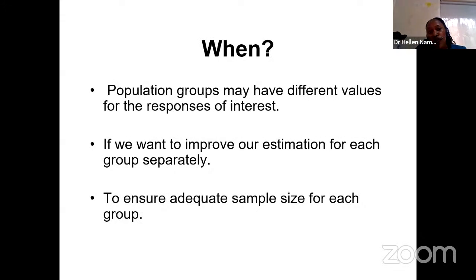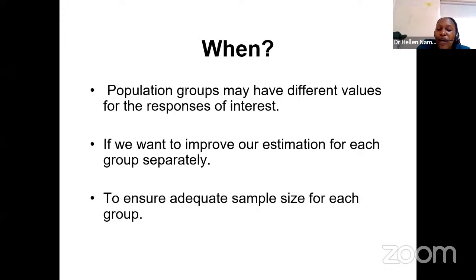So when should we apply stratified sampling? Sometimes we can apply it when the population groups may have different values for the responses of interest, and you want to really understand and compare the interests of the females and the interests of the males. By the end of the day, you can even compare them and see how different they are.